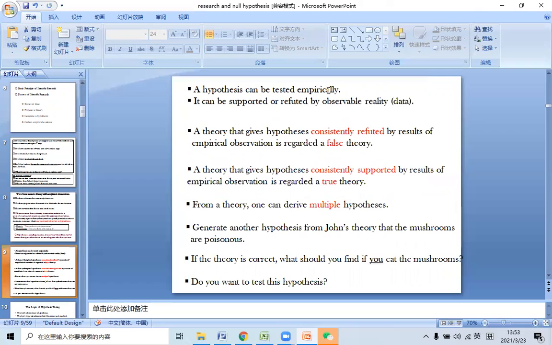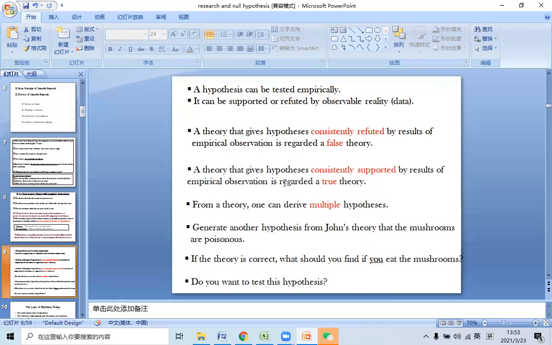A hypothesis can be tested. It can be supported or refuted by observable data. If a hypothesis gets supported consistently, we might say the theory received empirical support.